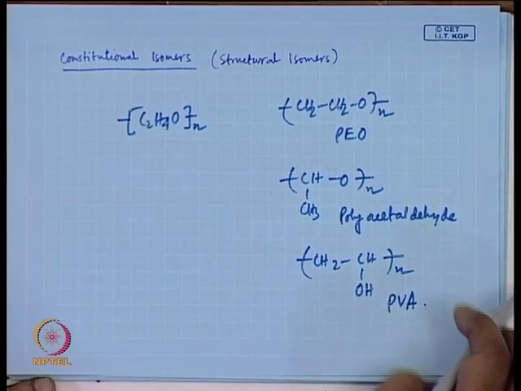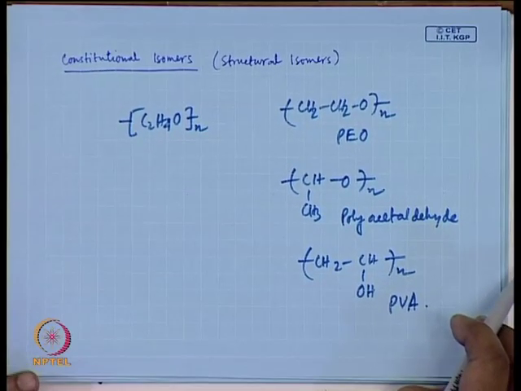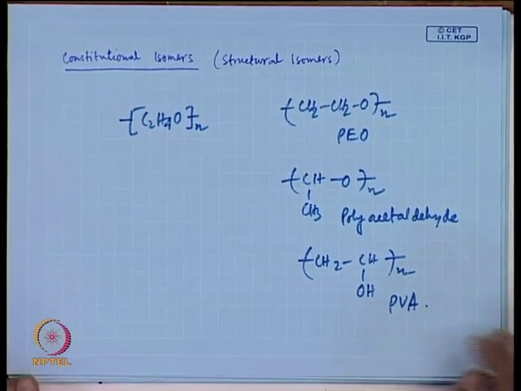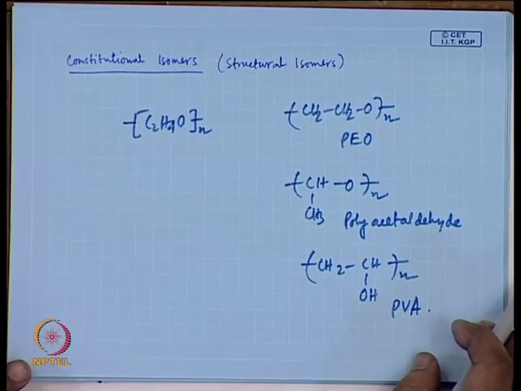So, basically these are examples of constitutional or structural isomers, as we know from our basic organic chemistry knowledge.